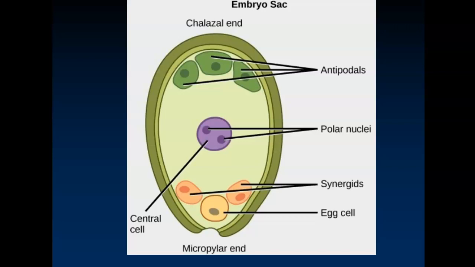Eventually, all the antipodals are going to disintegrate. The two synergids are going to disintegrate. The egg is going to be fertilized by a sperm, and that will become the zygote and then go on to become the embryo. The polar nuclei in the middle here, which are diploid, those will actually be fused with or fertilized by the other sperm.